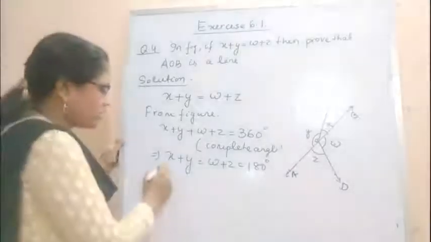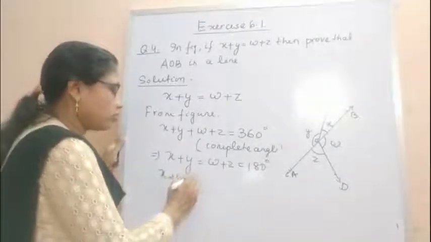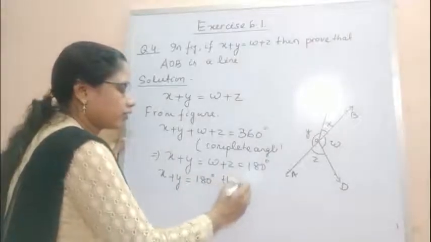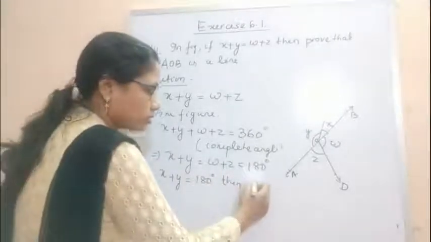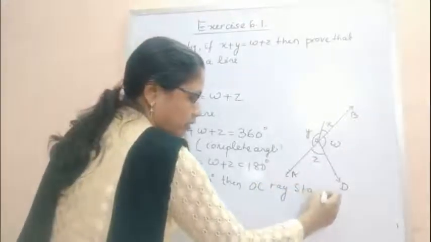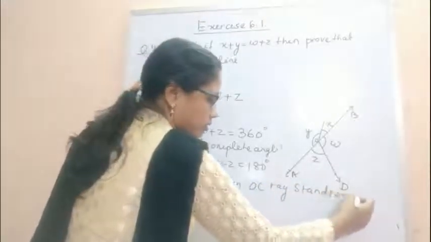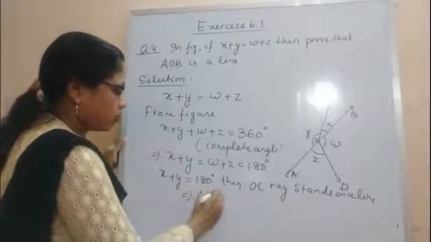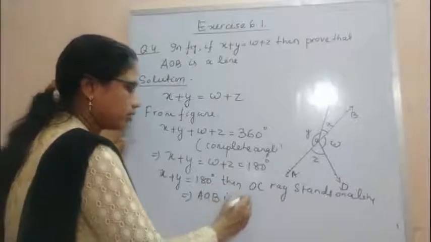So if x plus y is equal to 180 degree, then OC ray stands on a line. So this implies AOB is a line.